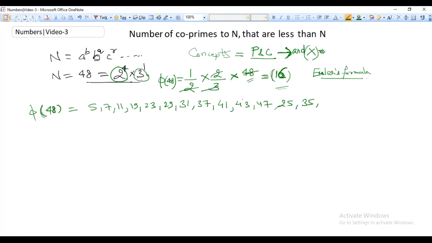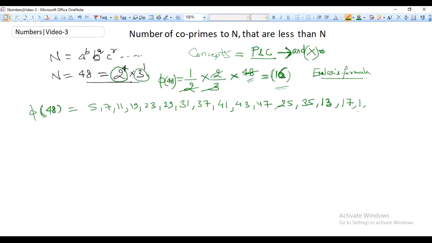Okay, we haven't taken 13. And is there any other number? 17 we haven't taken. So 15 numbers we have taken.